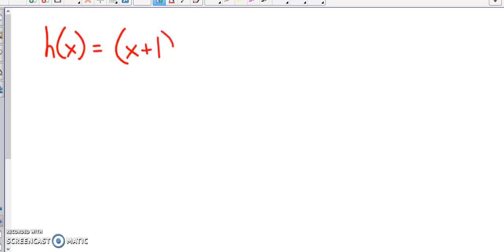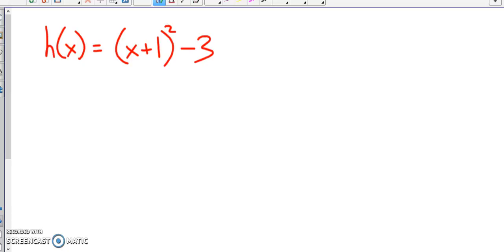All right. So, if I had h of x equals x plus 1 squared minus 3, and I'd like to identify the transformations to that graph, the first thing I would have to do is figure out what the parent function is.